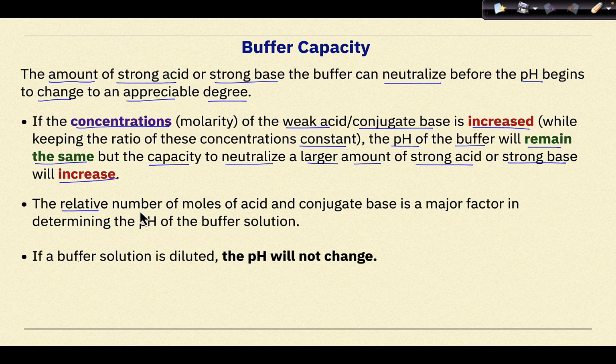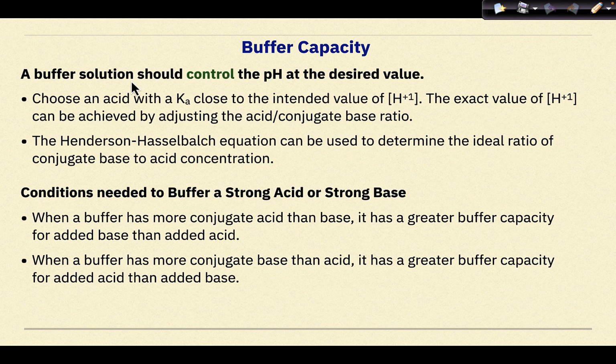The relative number of moles of acid and conjugate base is a major factor in determining the pH of the buffer solution. If a buffer solution is diluted, the pH will not change. A buffer solution should control the pH at the desired value.